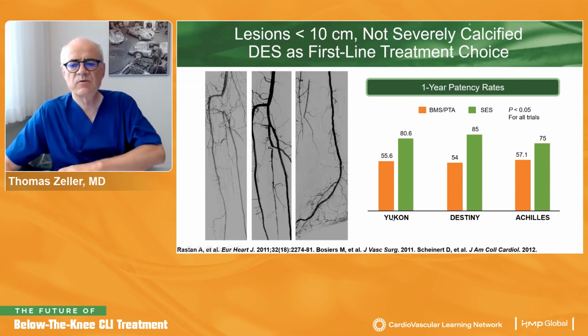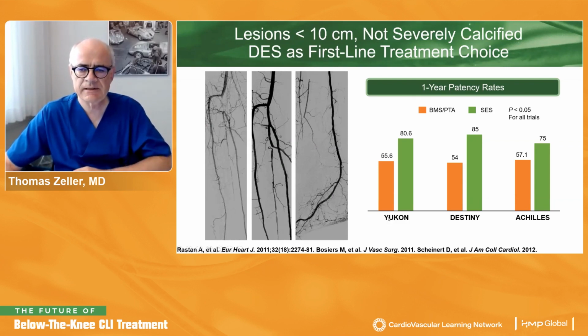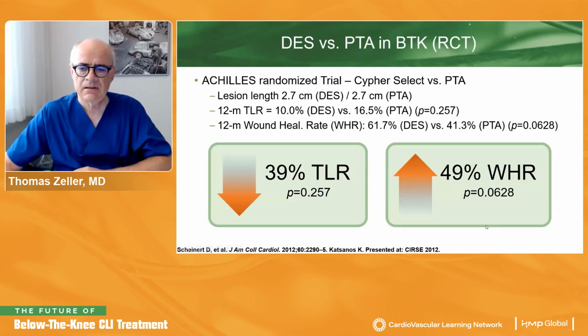In the meantime, we have 3 randomized controlled trials clearly showing that drug-eluting stents are superior either to plain or uncoated stents or balloon angioplasty as the control cohort used in the Achilles trial.